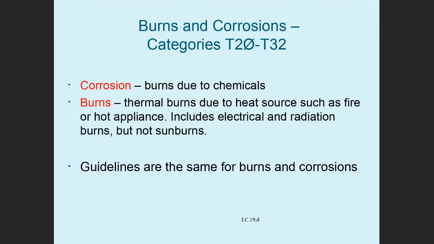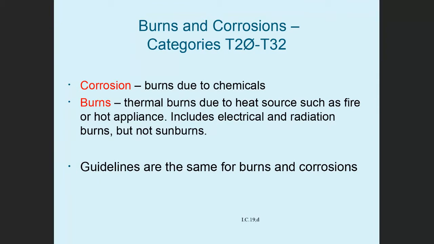So first, let's define our terms. Corrosions are burns due to chemicals such as drain cleaners or battery acid. The injury may be internal or external burns. This is why these have warning labels. A chemical burn may cause damage to the skin, but also breathing difficulties, dizziness, or even convulsions, depending on what chemical is involved.